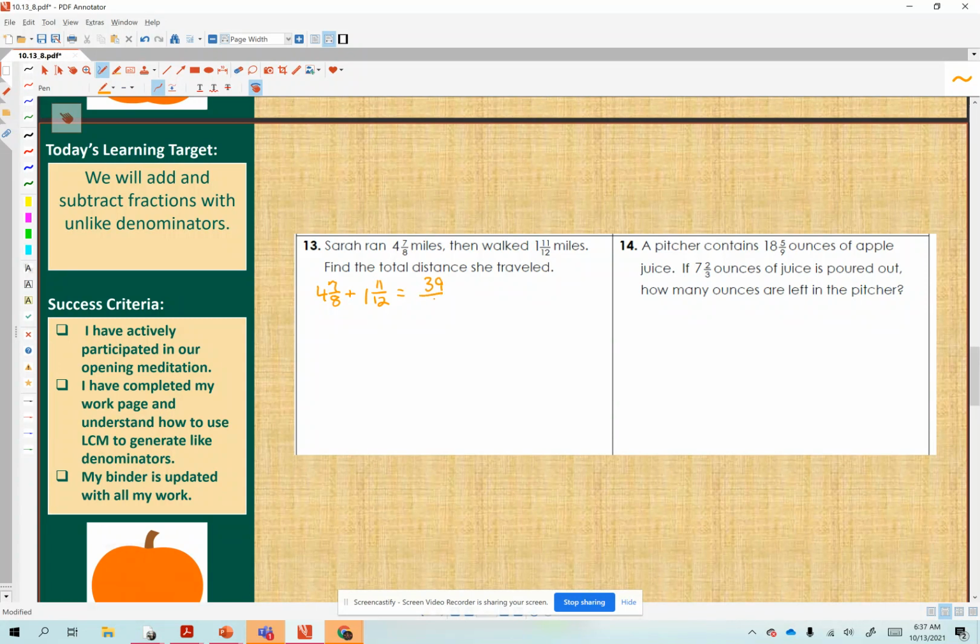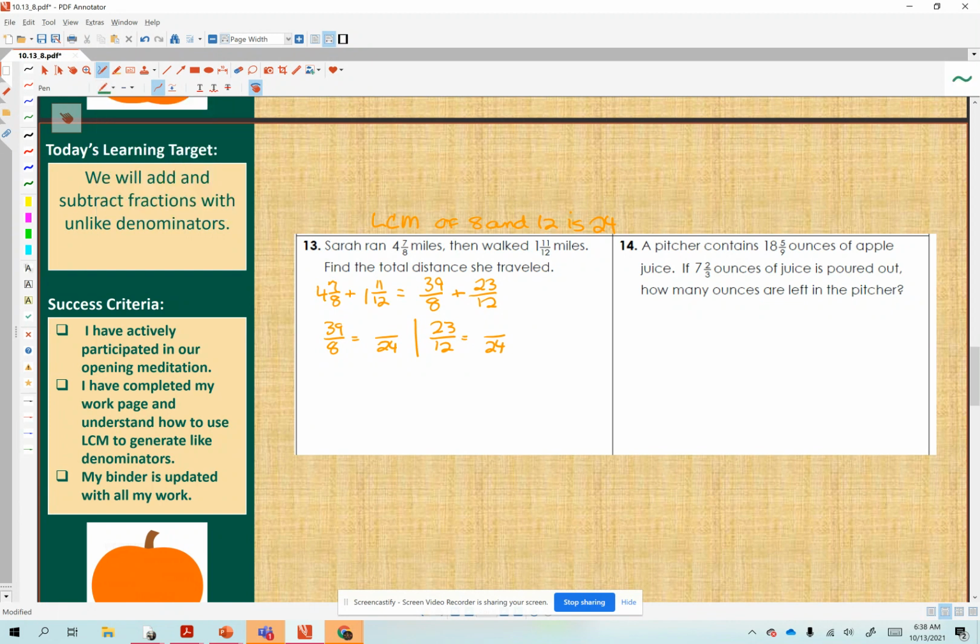So 39/8 plus 12 times 1 is 12 plus 11 is 23/12. And our least common multiple of 8 and 12 is 24.